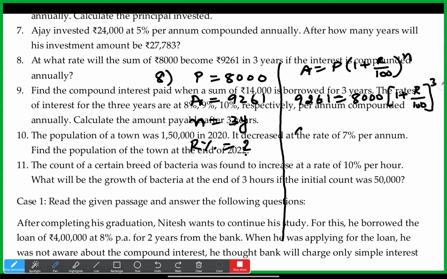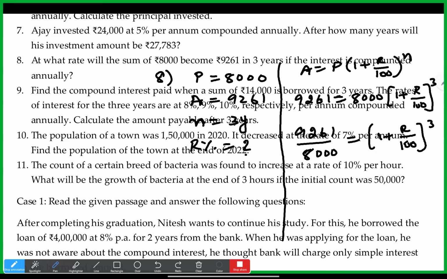So 8,000 will come to the left side, it will become 9261 by 8,000 is equal to 1 plus R by 100 whole power 3. Now again same issue: in the before question only we got 9261 by 8,000, if you remember.